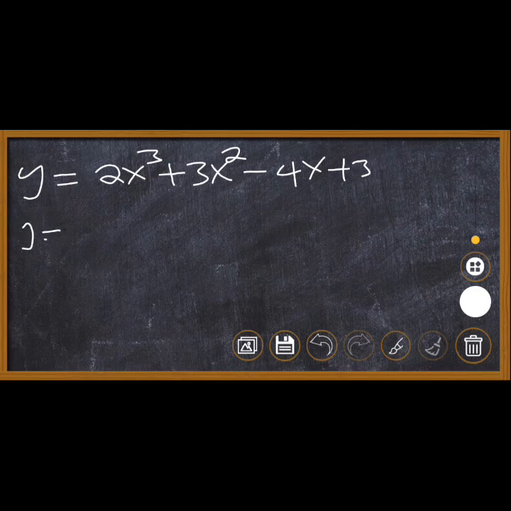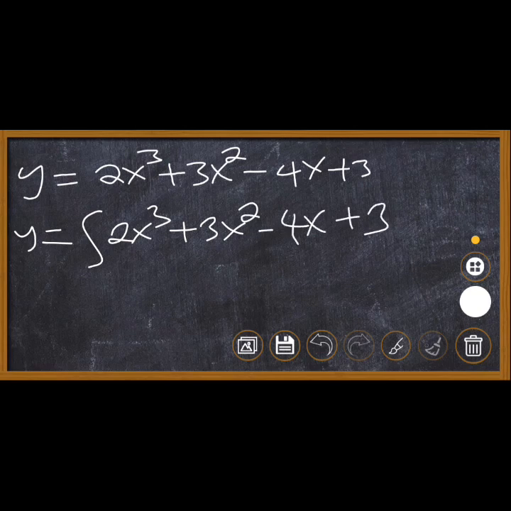So we are going to have y equal to, let me just write that properly, y equal to the integral of 2x power 3 plus 3x squared minus 4x added to 3. After you are done with this part, you write it with respect to whatever variable you are integrating it, so we are integrating it with respect to x.